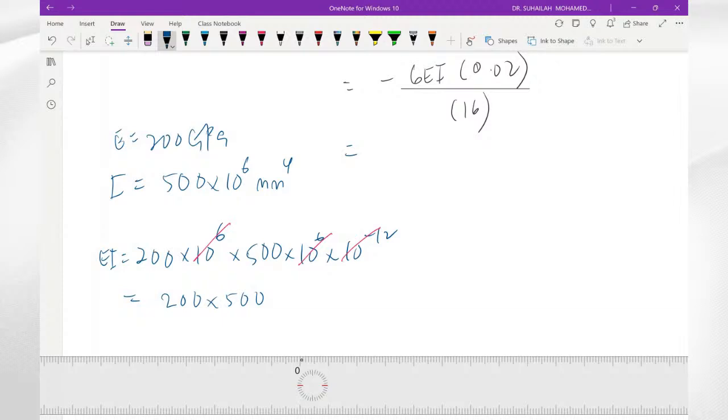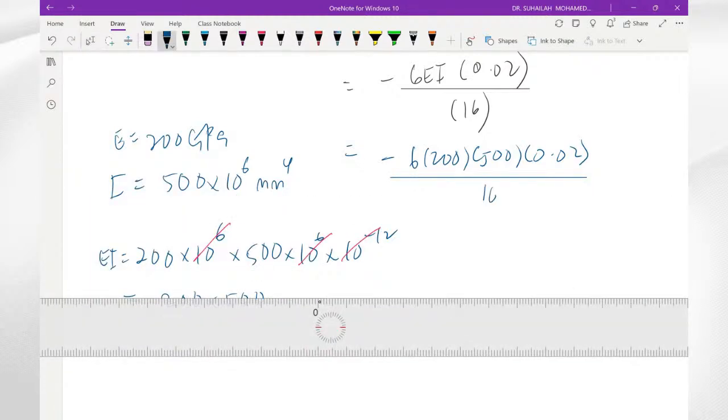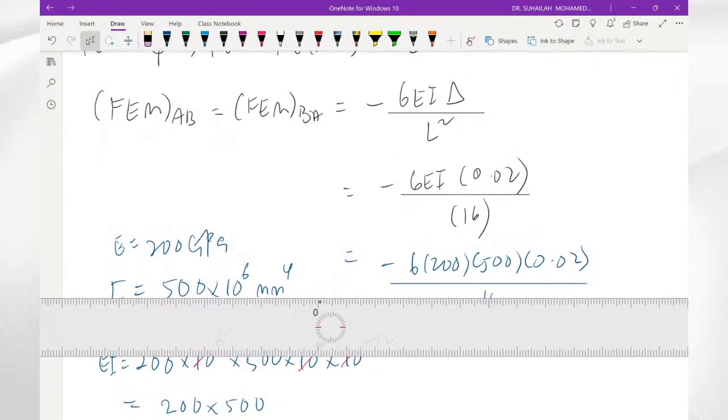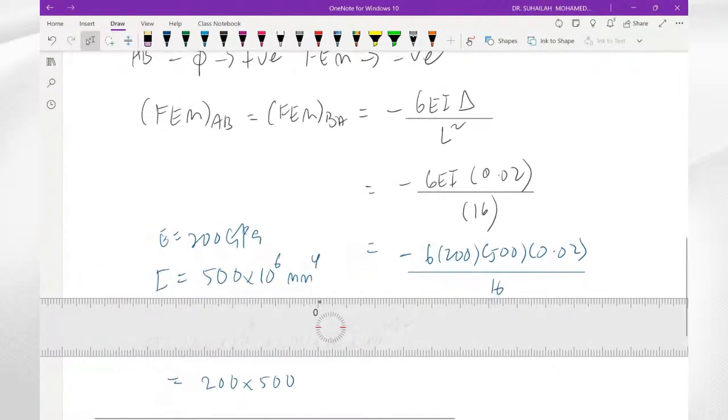So we will get negative 6 times 200 times 500 times 0.02 divided by 16. So this is FEM BA.